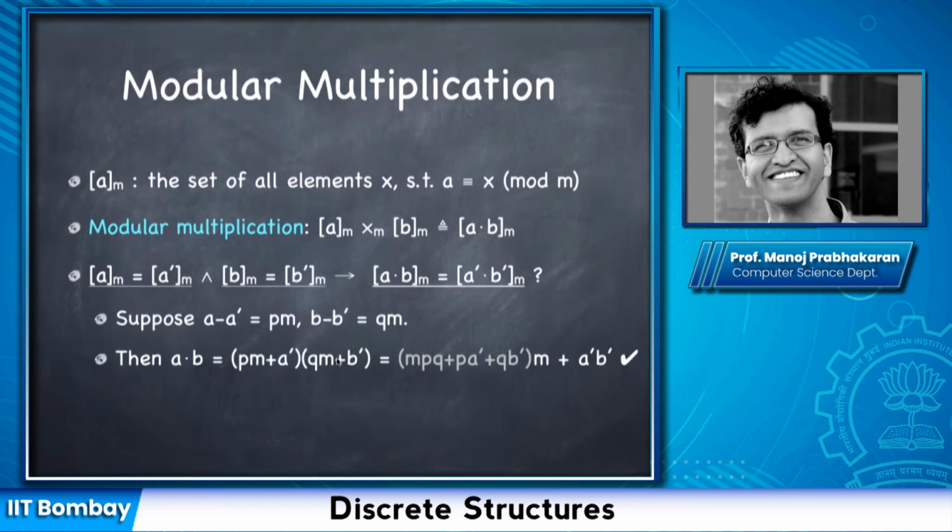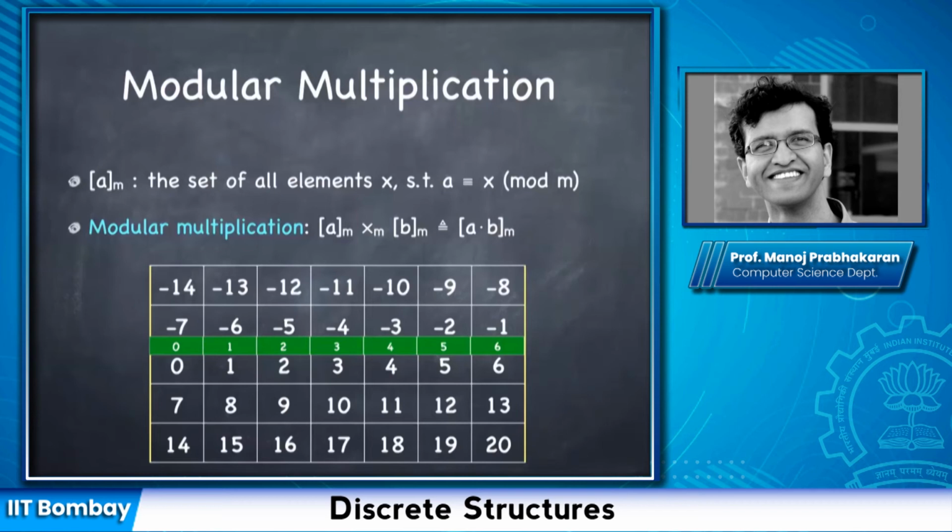I use the distributive property and expand, and I take out a factor of M from all the terms other than A prime B prime, which doesn't have a factor that I can take out. So I leave it as it is, but everything else is some integer times M. So what does this mean? This means AB minus A prime B prime is a multiple of M, or AB and A prime B prime fall in the same column. They are congruent to each other modulo M. So this is a well-defined operation.